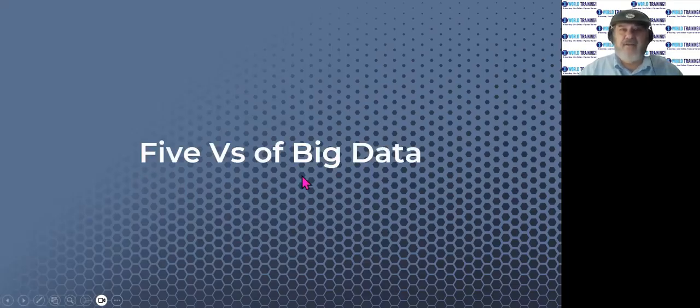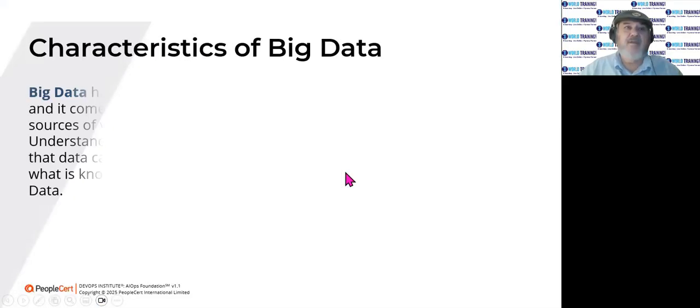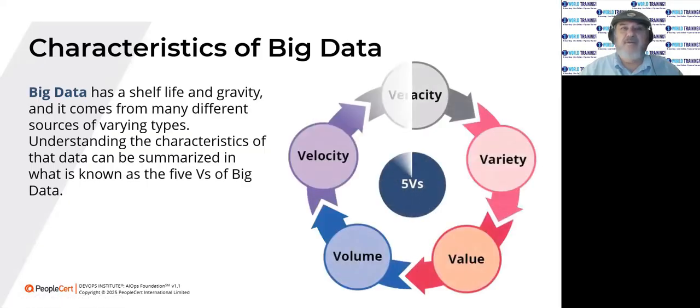So what are the 5 V's of big data? We'll be explaining each of these in the next slide, so don't remember the definitions there. But just to identify the names, there's veracity, variety, value, volume, and velocity.